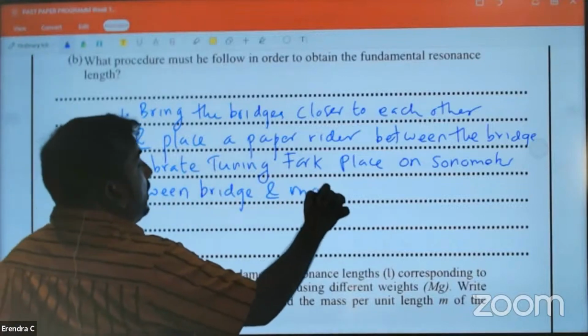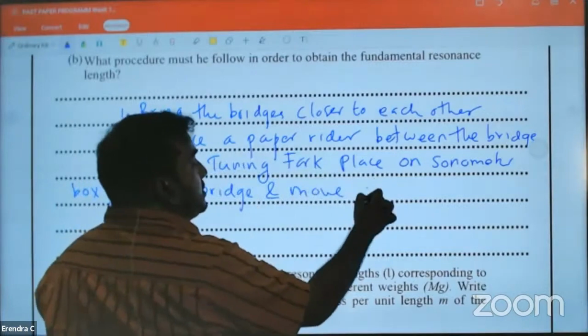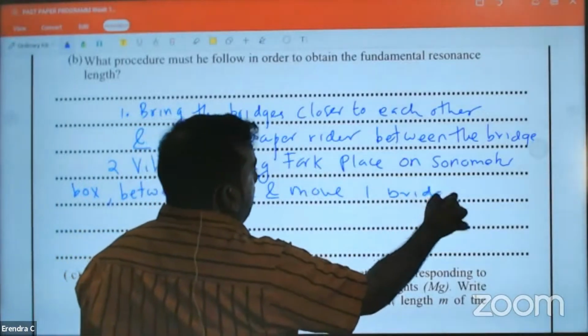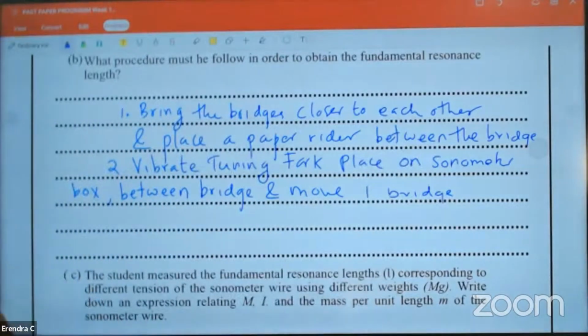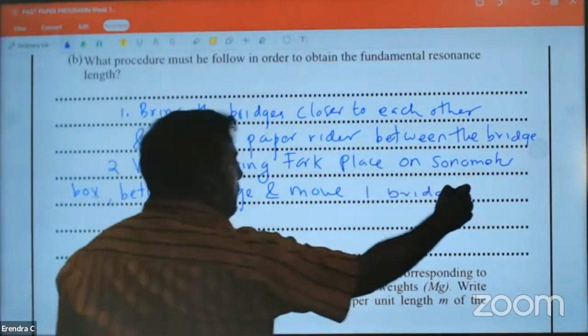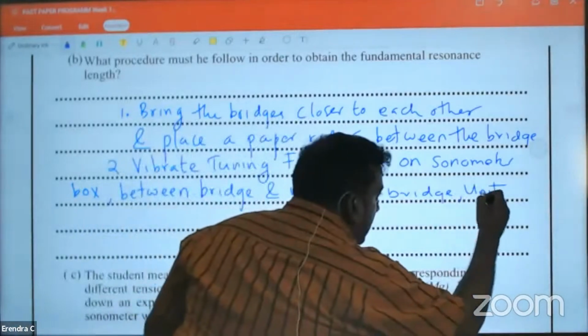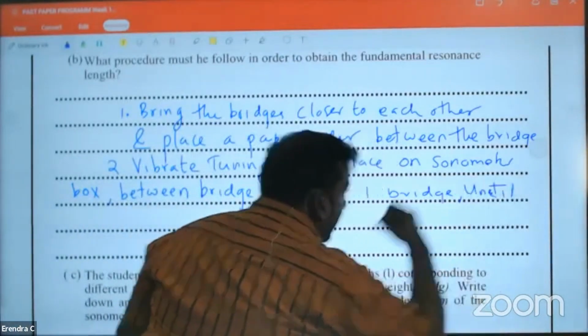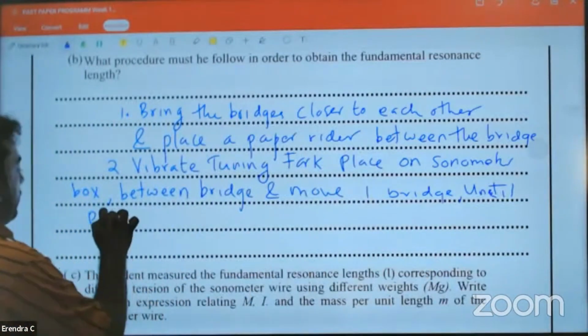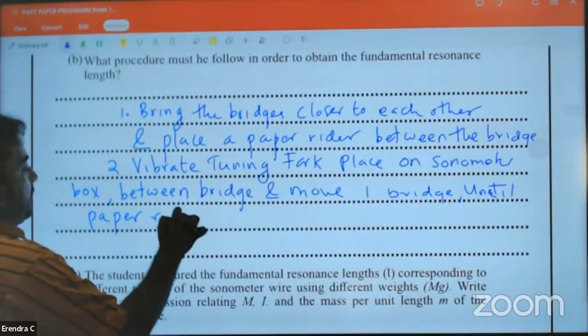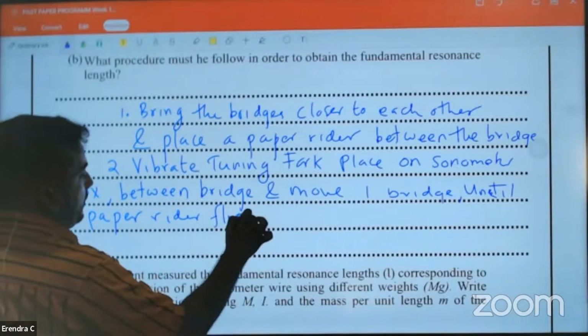And move one bridge. One is kept fixed. Move one bridge until the paper rider flies off.